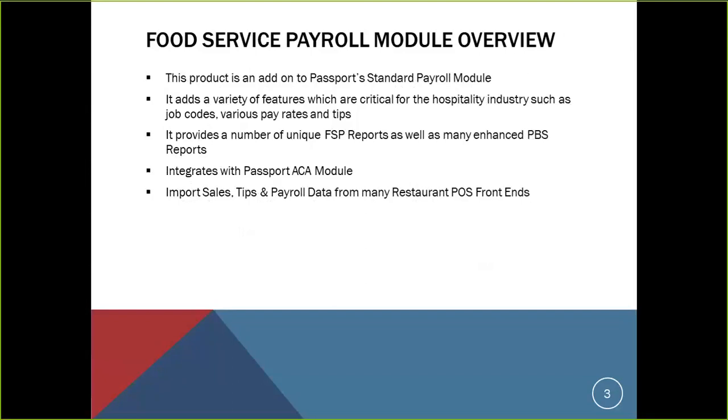As I mentioned, it integrates with the Passport Affordable Care Act module. And we can import sales, tips, and additional payroll data from many of the restaurant front-end point-of-sale systems. We've worked with Micros, PosiTouch, Aloha, so we can help with those imports.